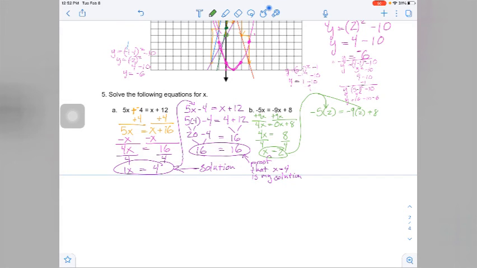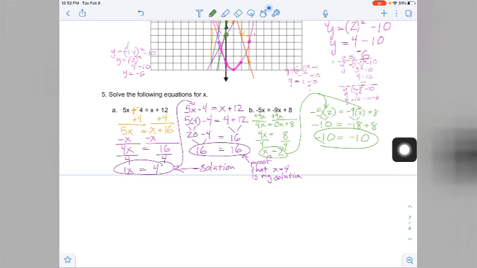And so negative 5 times 2 is negative 10, so that's this math. And on the other side, negative 9 times 2 is negative 18, plus 8, negative 10 equals, I know that negative 18 plus 8 is also equal to negative 10, so there I have it. That is my proof that my answer is correct. So my answer for this one should be x equals 2.